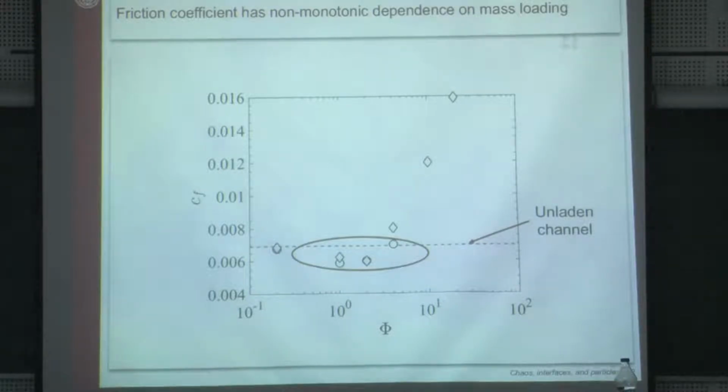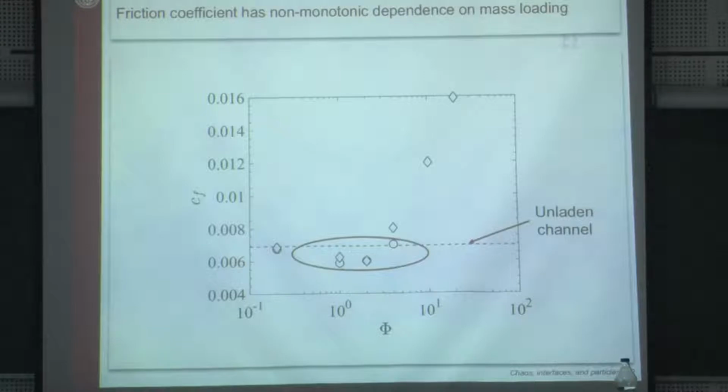We argued that the particles were not doing much. At high mass loading, well, those particles are doing quite a bit. They are also bouncing on the wall. They add a lot of extra dissipation in our system, so we end up with a lot of extra friction. No big surprise that we should shoot up. But what we were very interested in seeing is that this is in fact non-monotonic.